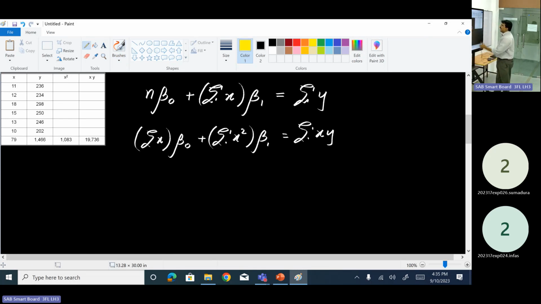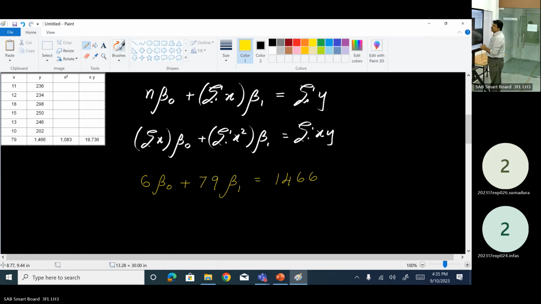So n is 6, so we have 6 beta naught. Sigma x is 79, so 79 beta 1 equals sigma y, 1466.